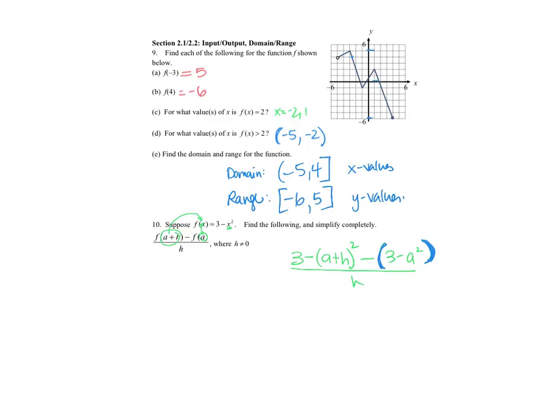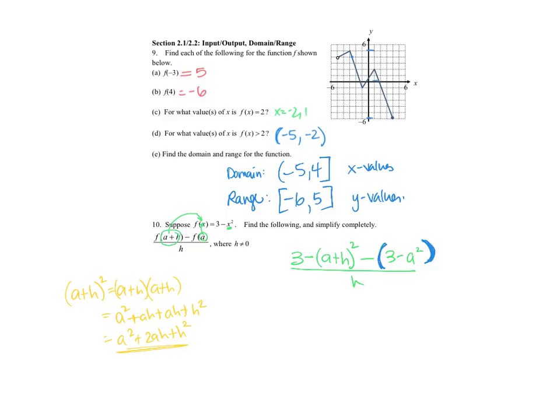And now I just want to untangle this. So we'll go over here to the side and we'll do (a plus h) squared is going to be a plus h times a plus h. And so that gives me a squared plus ah plus ah plus h squared, which gives me a squared plus 2ah plus h squared.